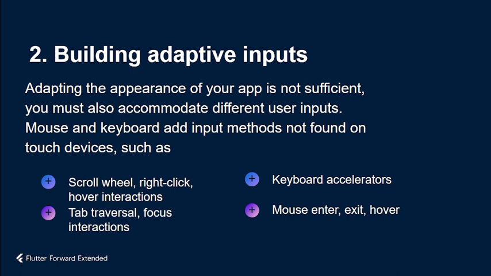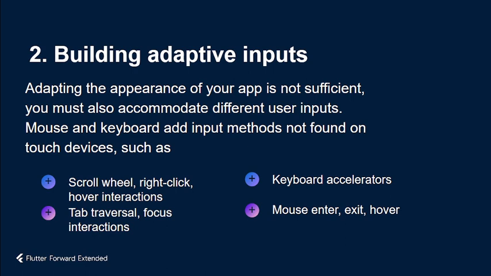Building adaptive inputs. Adapting the appearance of your app is not sufficient. You must also accommodate different user inputs. The mouse and keyboard add input methods not found on touch devices, such as the scroll wheel, right click, hover interaction, and then there's the tab traversal and the focus interaction.